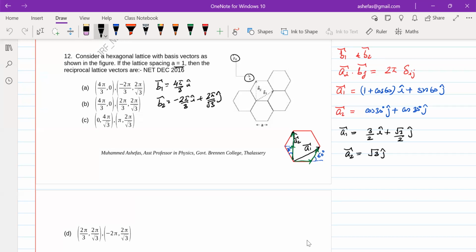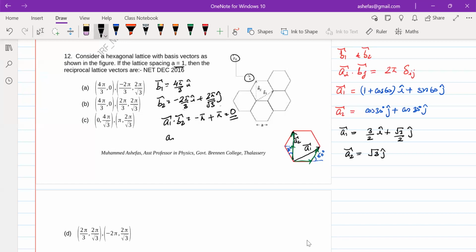Now what about a1 dot b2? It must be 0. If you multiply a1 dot b2, this is your b2 and this is your a1: 3 by 2 times minus 2 pi by 3 becomes minus pi, plus root 3 by 2 times 2 pi by root 3 in the j component becomes plus pi, so minus pi plus pi is 0.